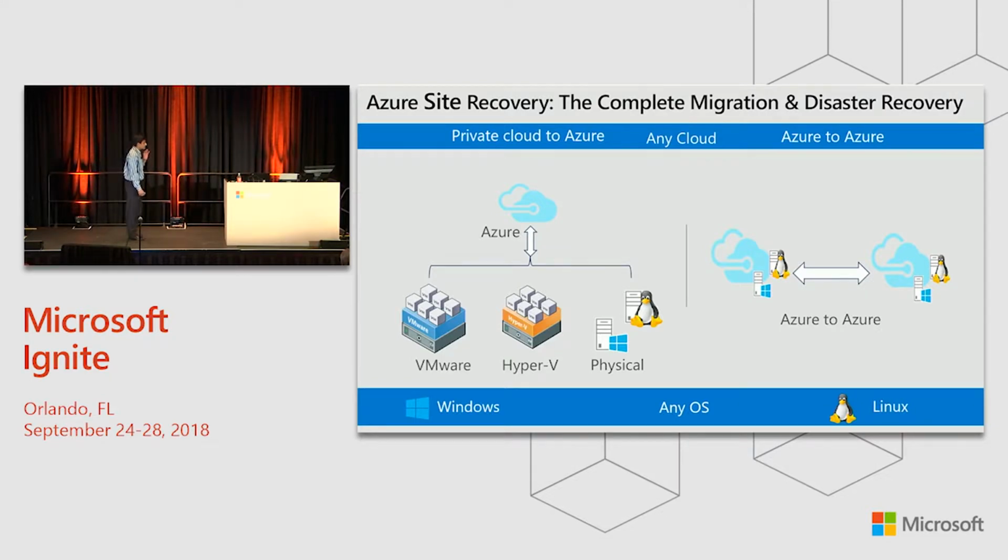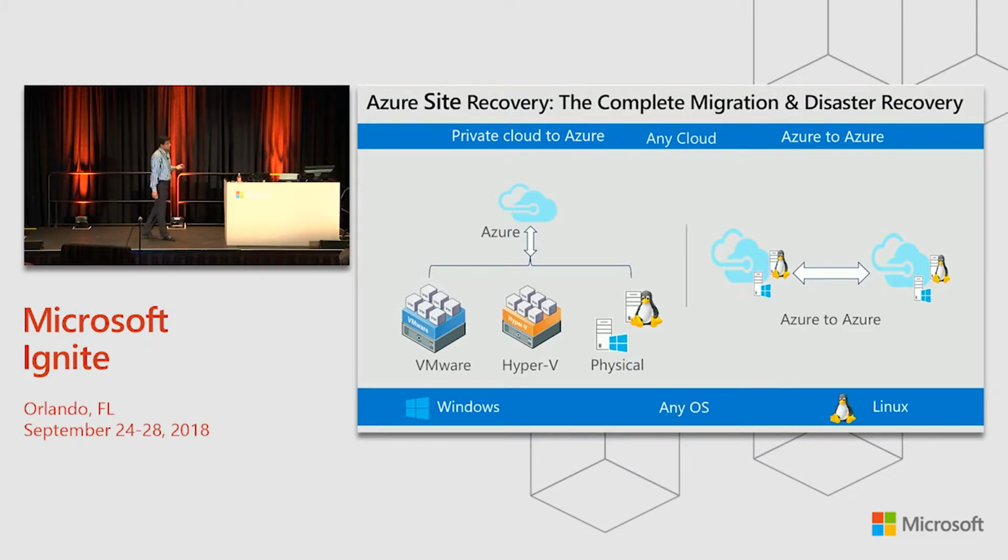Azure Site Recovery was the first solution in this world which started using public cloud. We were the pioneers in this segment where we started using public cloud as the DR site. And today, we have a solution where from Hyper-V, VMware, physical, you can recover into Azure, or you can use Azure infrastructure itself as a DR site for VMs running in Azure, allowing you to do both private and public cloud disaster recovery in a simple and consistent manner.